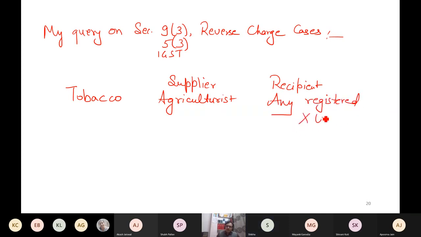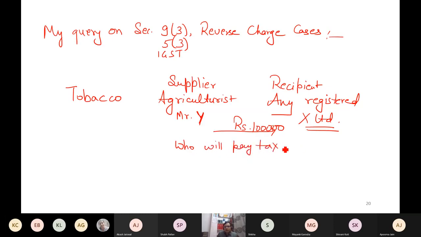So X Limited was, for example, registered, and the agriculturist was Mr. Y. Mr. Y supplied tobacco worth 1 lakh rupees. Now who has to pay the tax?